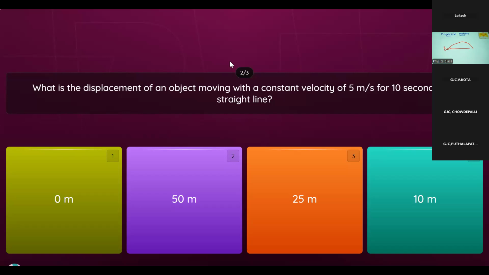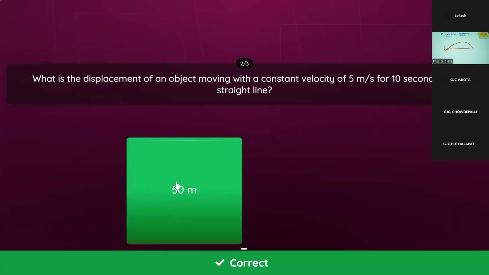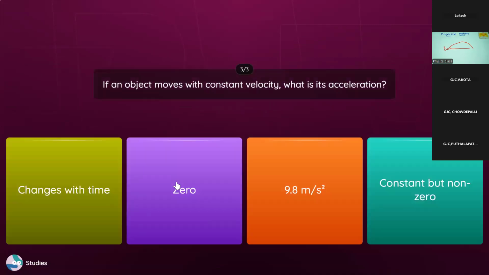Here velocity is 5 meter per second into time 10. So 5 into 10, 50 meter. Very good. So 50 meter, the second option. Correct.